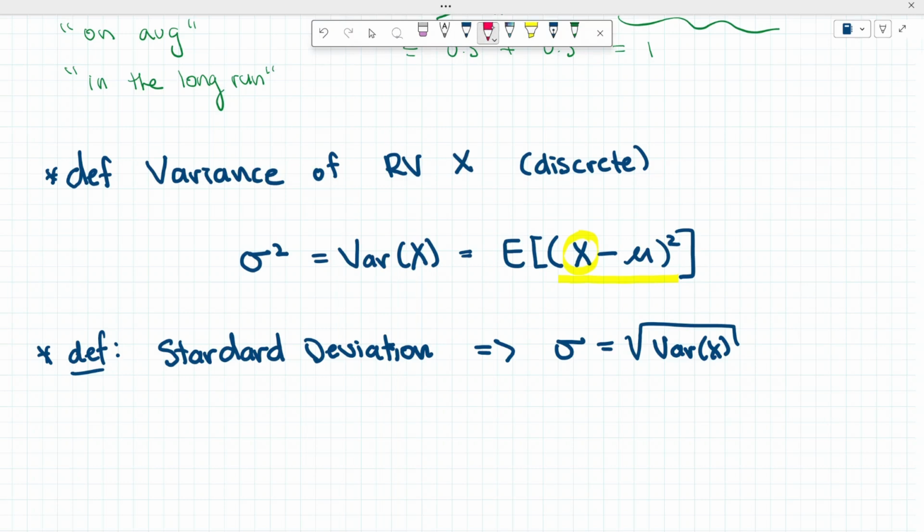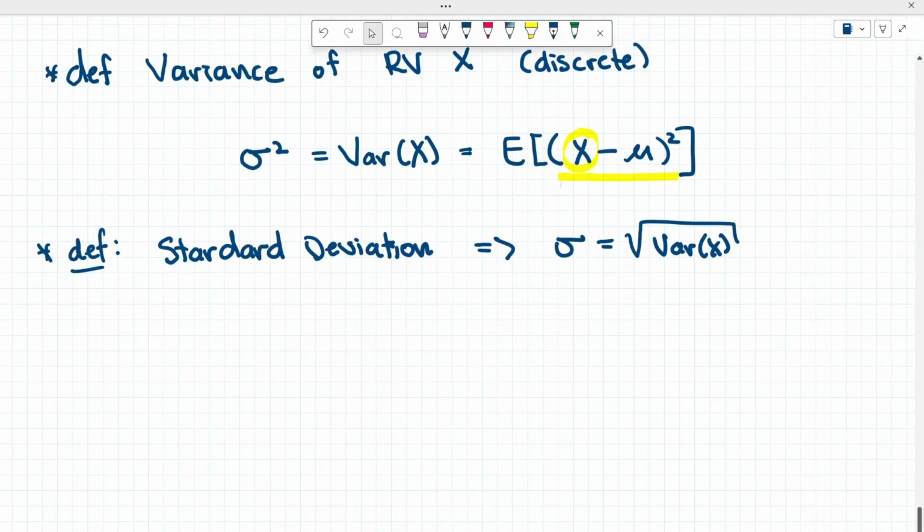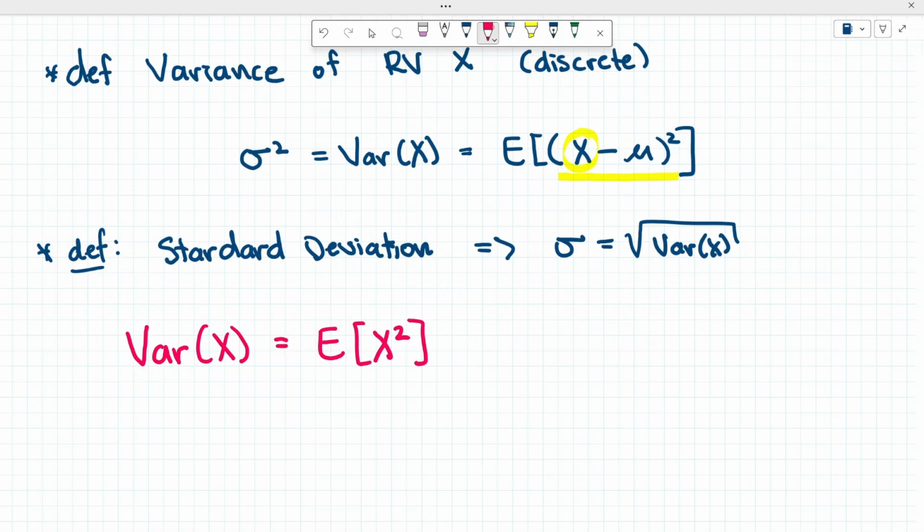However, we can have an alternative definition of variance. The variance of x equals E of x squared, the expected value of x squared, minus mu squared.